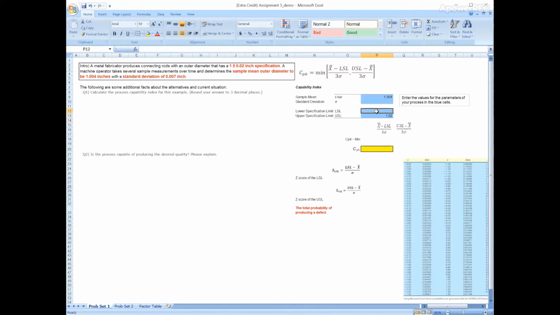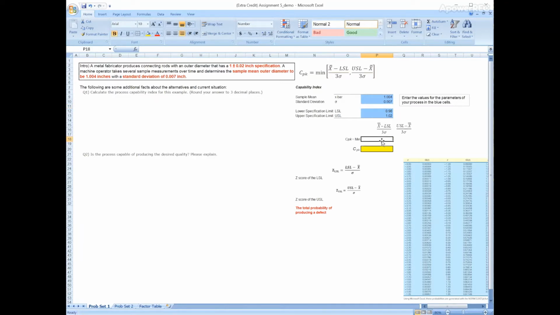The lower specification limit, or LSL, equals 1 minus 0.02, which is 0.98 inches. The standard deviation for the process is given as 0.007 inches. Substituting these values into these formulas, you can calculate the number for CPK.